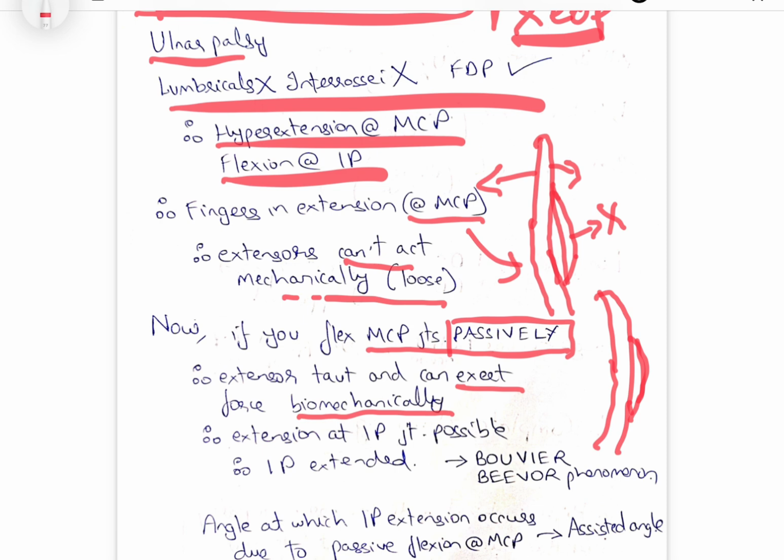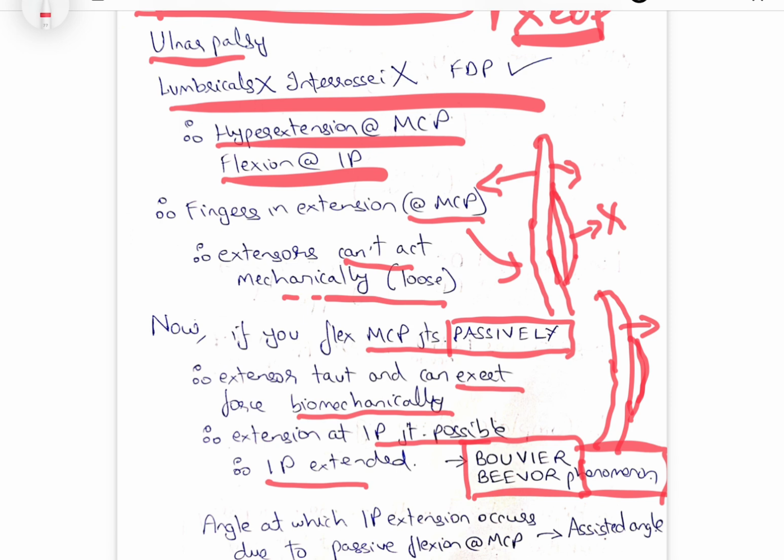So the extension at the IP joint becomes possible, and the IP joint is extended. So this interesting phenomenon is known as the Bouvier's phenomenon. Okay. So let me explain. If it is not clear to you, let me explain it to you again.